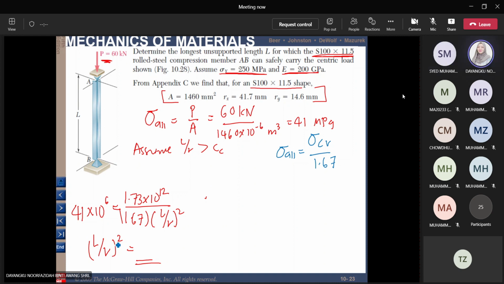L over R square. The value beside L over R, is it 11.67? 1.67. Yes, 1.67 times L over R square, because this is critical stress that you calculated just now. So we just divided it by 1.67.